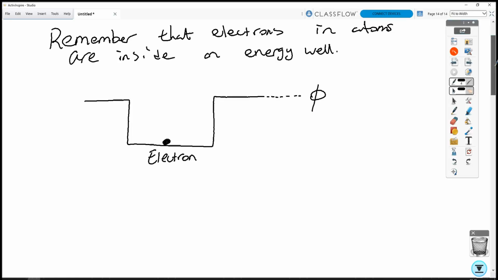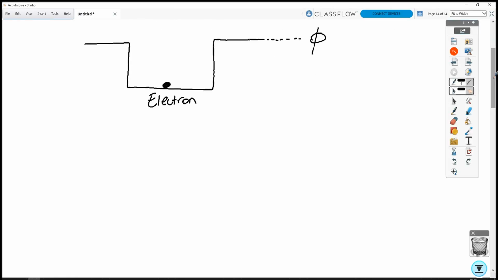So if the electron receives that minimum amount of energy, called the work function, then the electron will be liberated and will leave that atom. And normally we're talking about the outer shell electrons rather than the inner shell electrons that liberate.